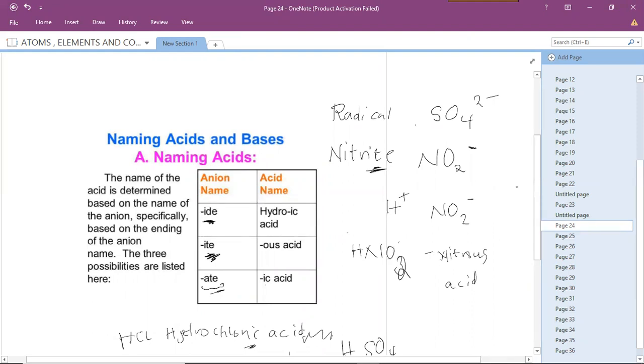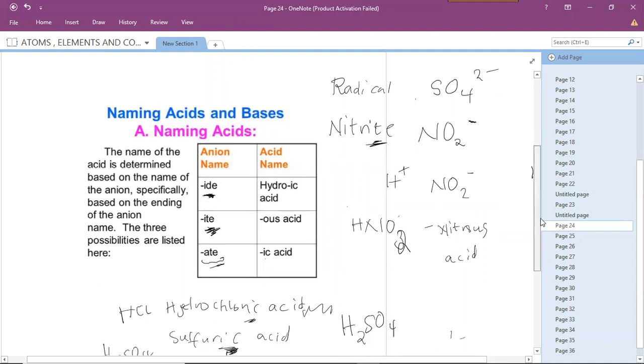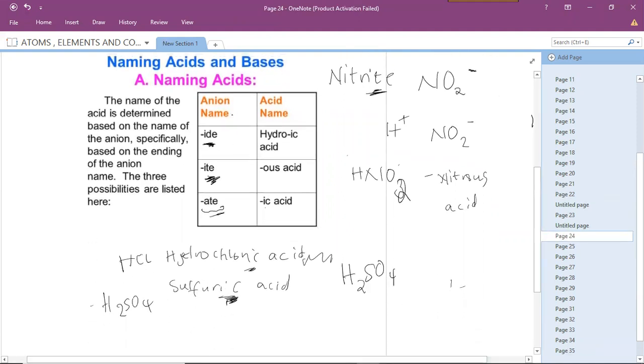So that's how you name acids. How do we name acids? We look at the anion. If the anion ends with IDE, for example, chloride, the acid will be called HCl, hydrochloric acid. If the anion ends with ITE, like nitrite, the acid will be called nitrous acid.